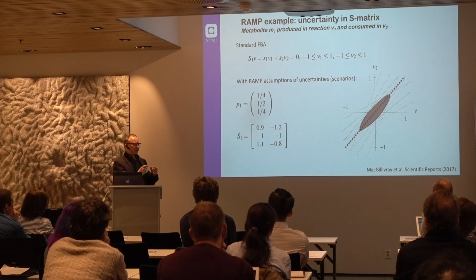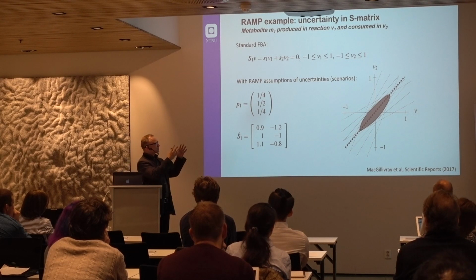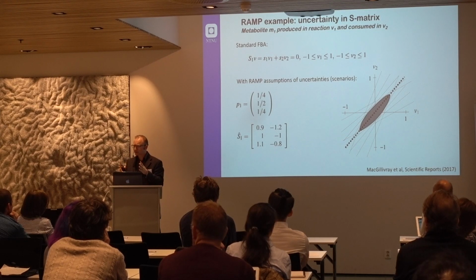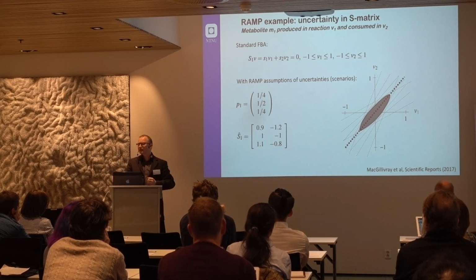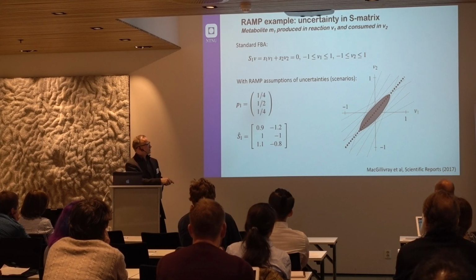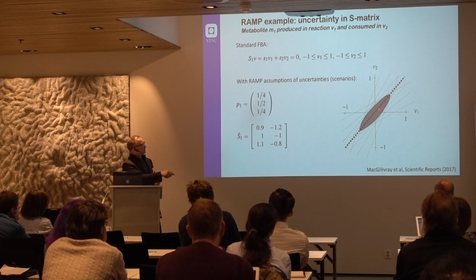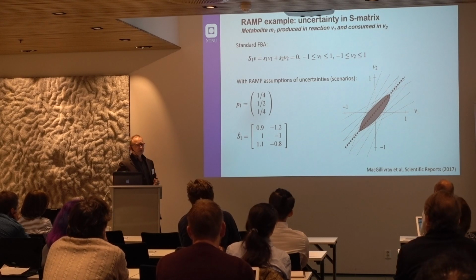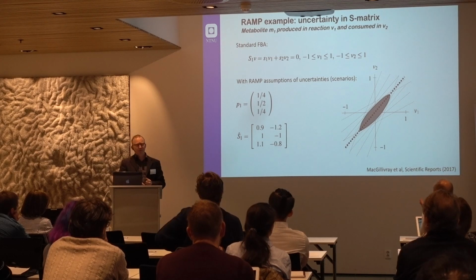So this means that we can't just say that this is an extension. We don't get a bigger solution space than the flux balance analysis which includes the flux balance analysis. It is indeed something different. But many of the solutions you find in FBA, you will also find among the RAMP solutions.